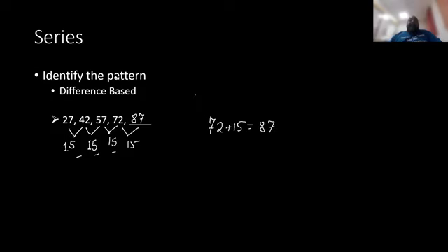Right? Now, it is not necessary that the differences will be constant. For example, if I have a series which reads something like this, again, as I said, as a rule, whenever there is a question based on series, I will not know what kind of series it is.